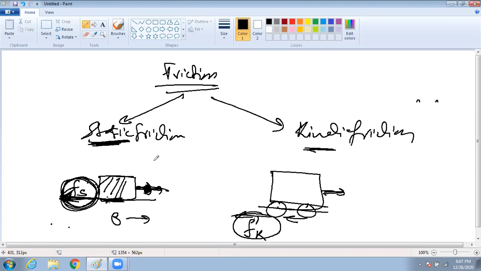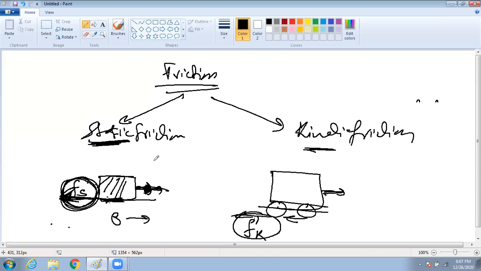So static friction acts only when there is a tendency of relative motion. When you are not pulling the object, friction is not acting. It is just remaining there, because the tendency is not there. You have not started to pull the object. Clear or not?